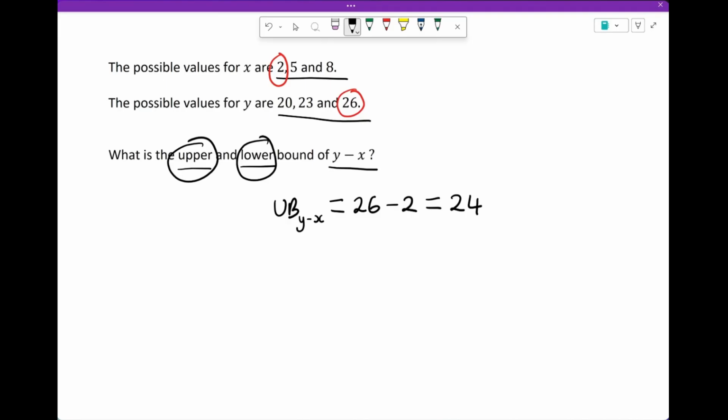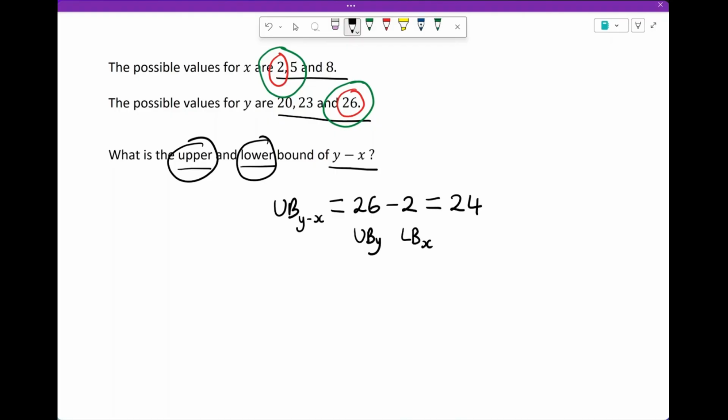Now let's consider how we picked these numbers. The 26 is the highest value of y, so therefore we pick the upper bound for y, and then the 2 is the lowest value for x, so therefore we pick the lower bound for x. So you can see there's a bit of mix and matching going on here. We didn't just pick the upper bound and the upper bound. Okay, it was a mix between upper bounds and lower bounds.